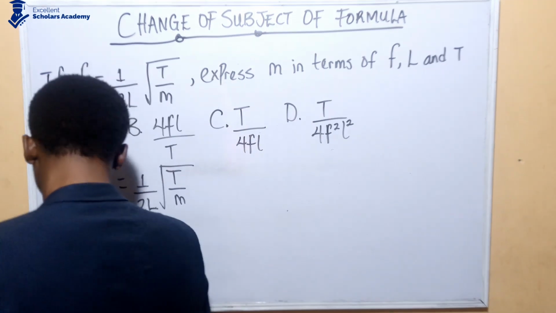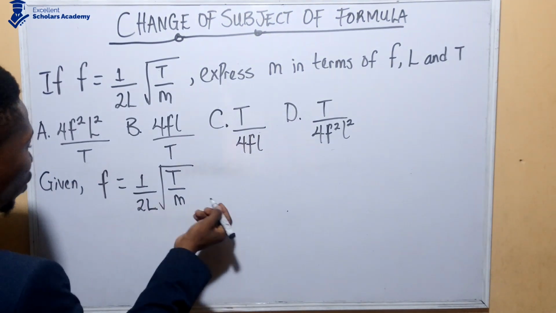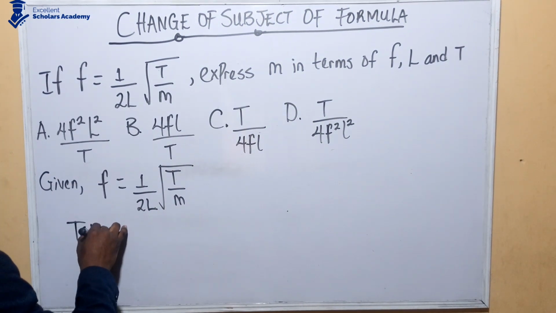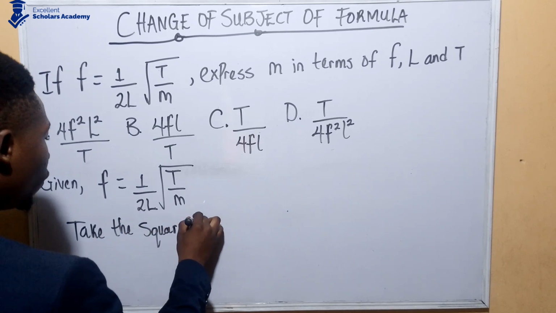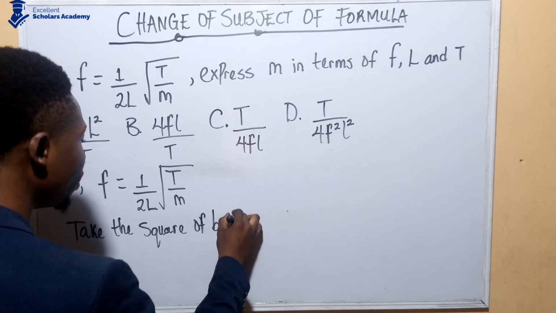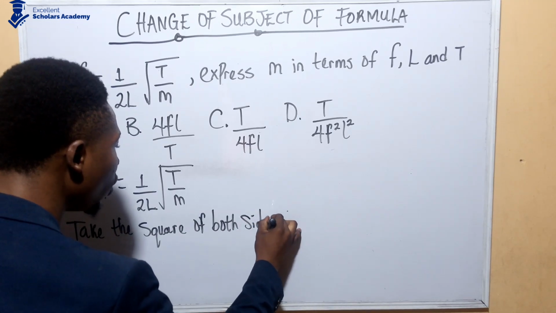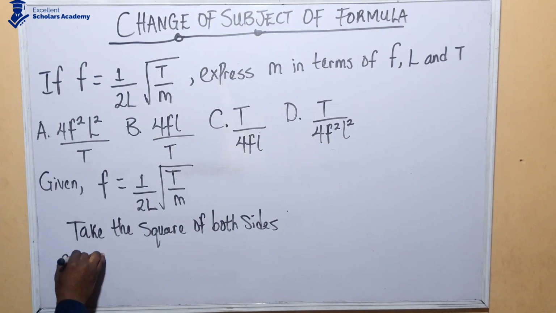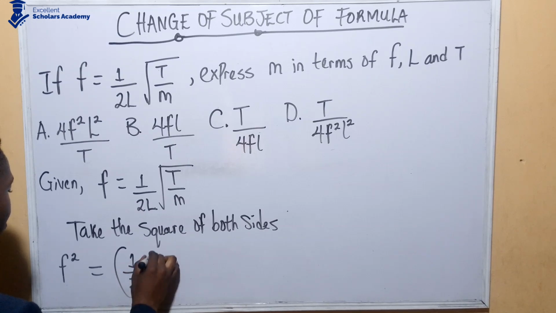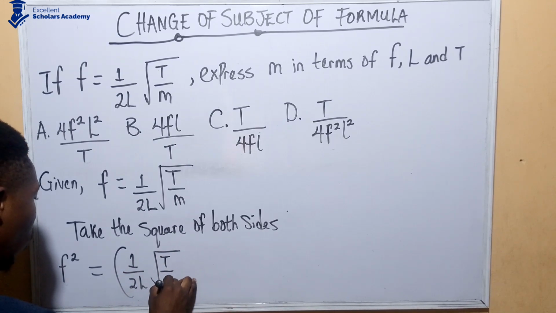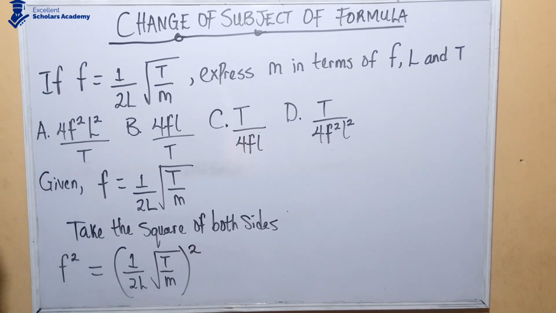Now let's continue. So we take the square of both sides. What does that become? F squared is equal to 1 over 2L square root of T over M, all squared.